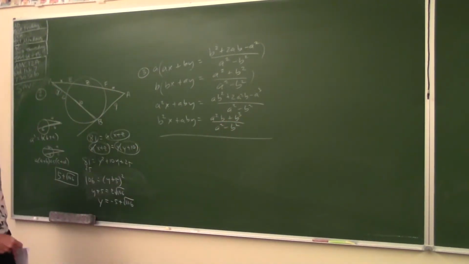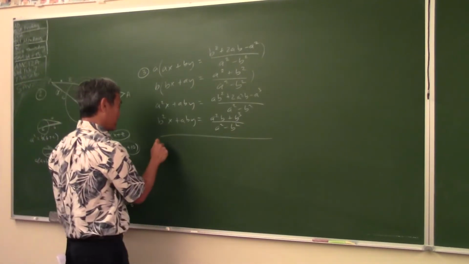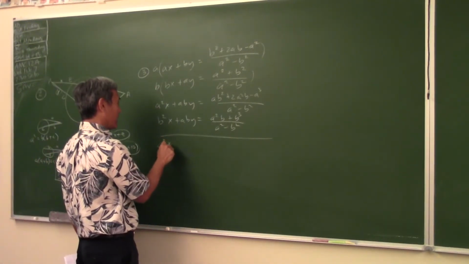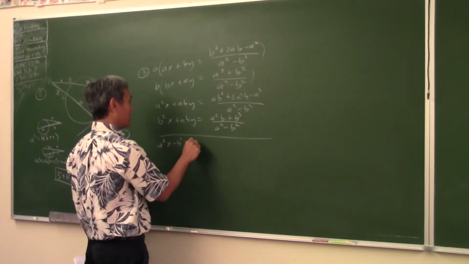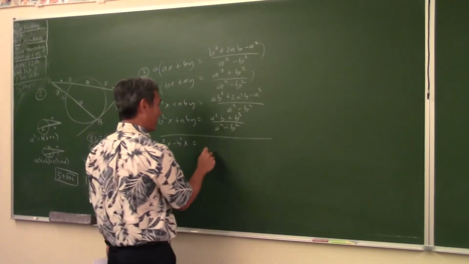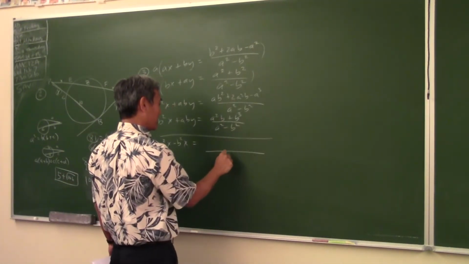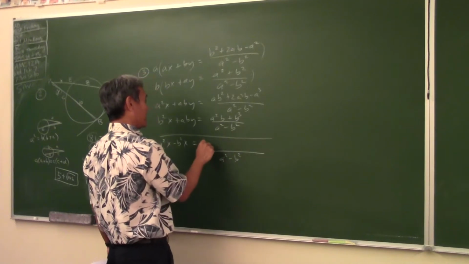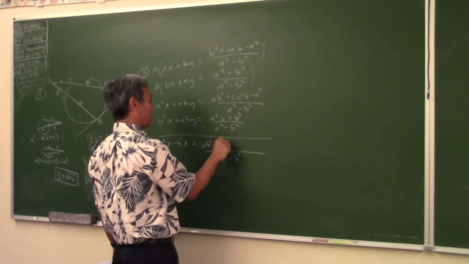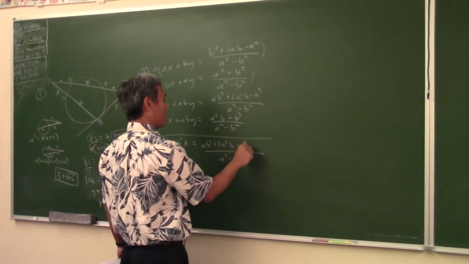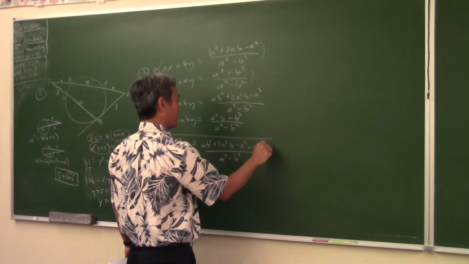And then if I want to eliminate the y, you subtract. So you get a squared x minus b squared x equals, these cancel out. And then over here, when you subtract, you can make a least common denominator. So it's going to be ab squared plus 2a squared b minus a cubed minus a squared b minus b cubed.